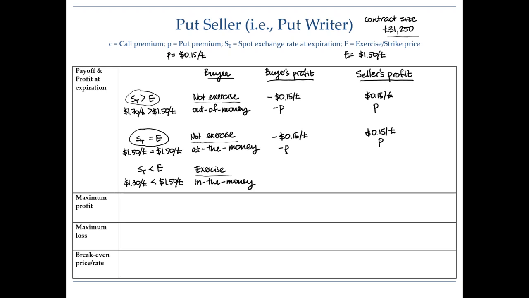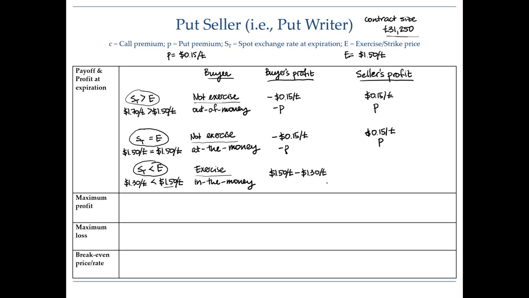But if the future spot rate happens to be less than the exercise rate of $1.50, the buyer will exercise this contract and sell pounds at $1.50 instead of the lower spot rate. In that case, the buyer's payoff will be the difference between $1.50, at which they will sell the pounds according to the put option contract, and what the spot rate happens to be at expiration.